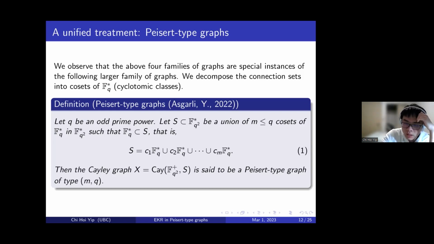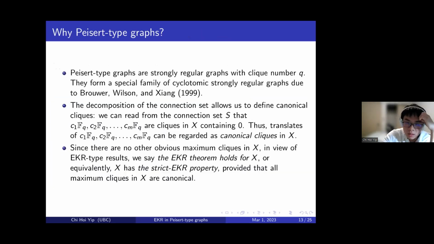I should point out that this kind of Peisert type graph has already appeared in the literature. In fact, around 25 years ago, Brouwer, Wilson, and Xiang came up with a systematic approach to construct strongly regular Cayley graphs, where the connection set is the union of cyclotomic classes.